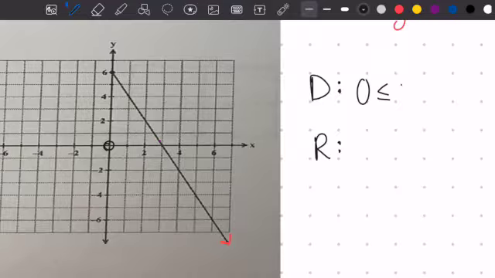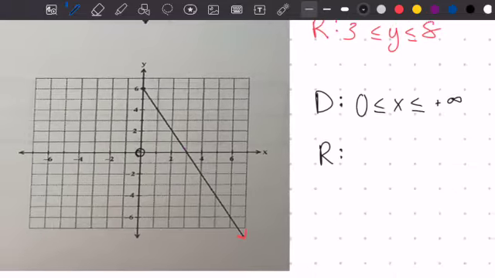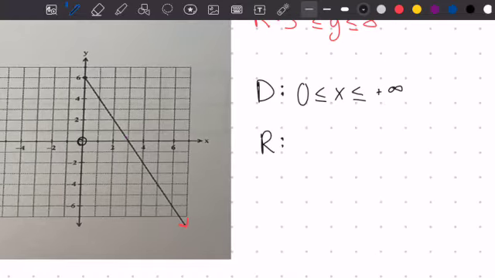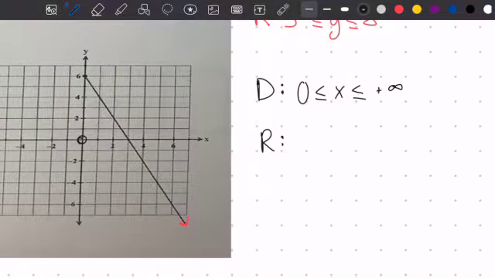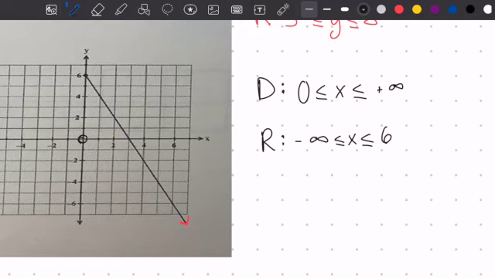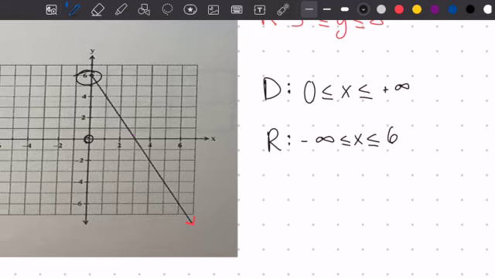So our x is greater than or equal to 0, but less than or equal to positive infinity. Same thing with our range. What's our lowest possible y value? Well, we don't know because it continues off the graph in that direction. So it's negative infinity is less than or equal to y, which is less than or equal to 6, because that is our highest value up here.